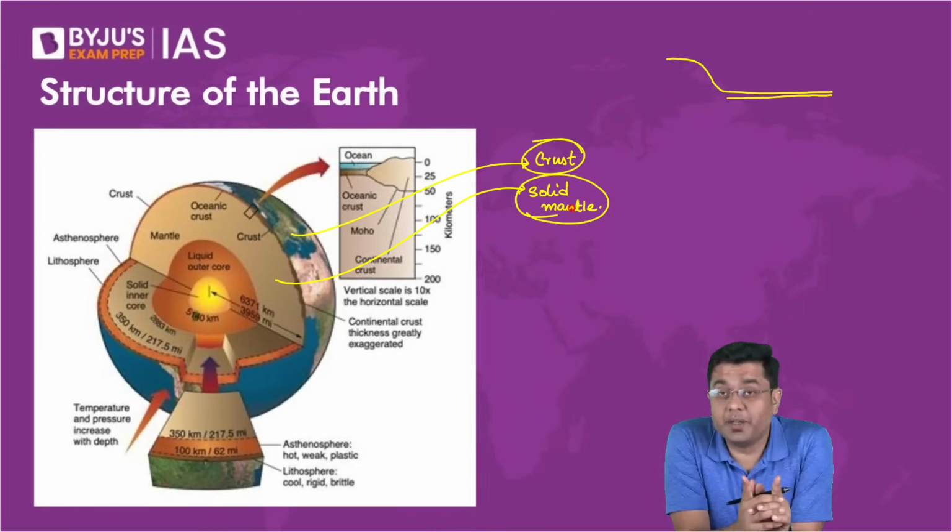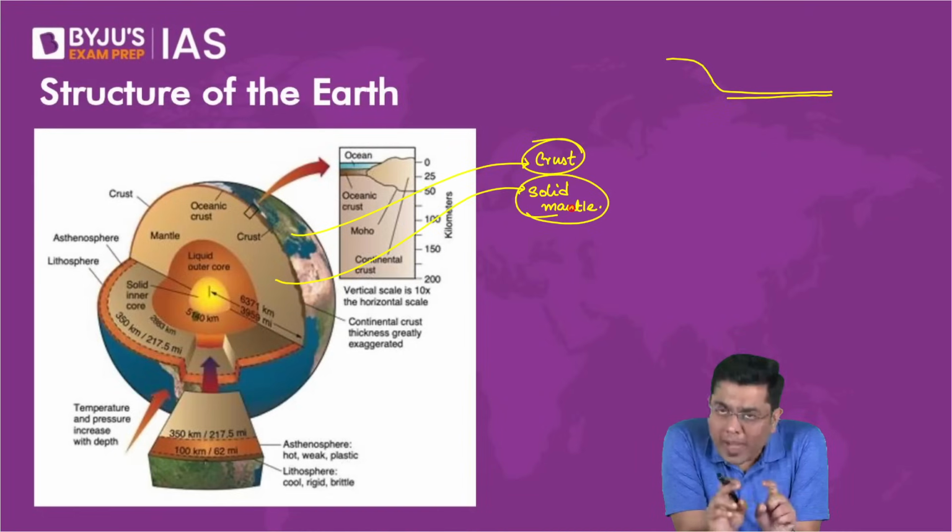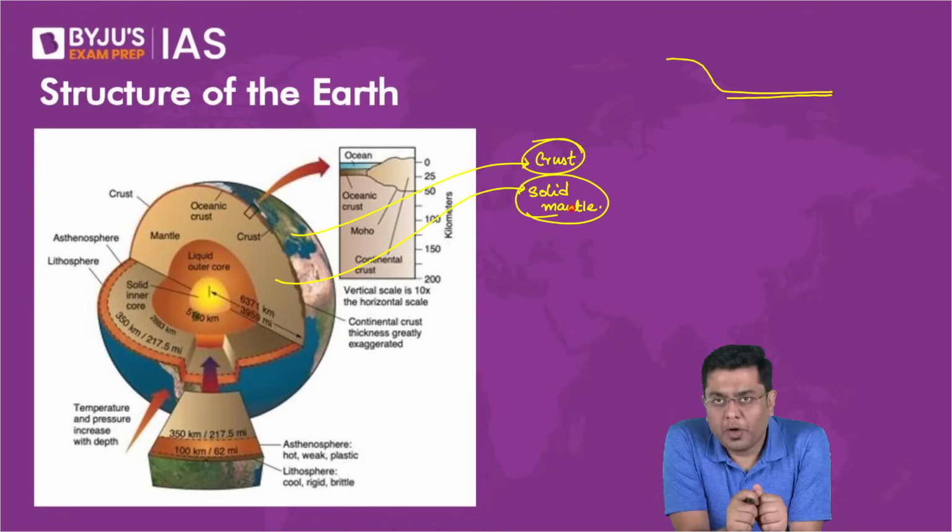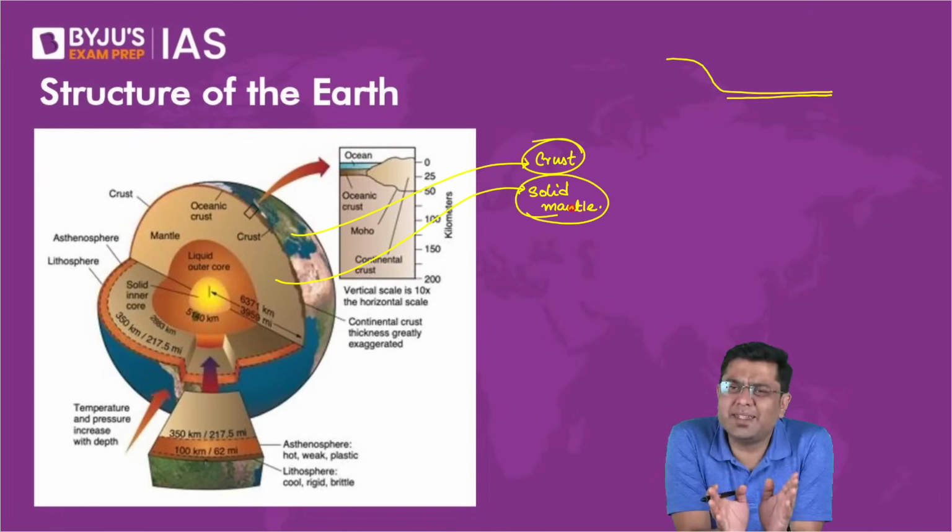Not 5 to 7 meters, not 50 to 70 meters, 50 to 70 kilometers, right? Below the surface. That is where the mantle starts. Now, this mantle is in a solid state, barring an exception. So, in the portion of mantle slightly below the upper solid mantle, you have a weaker layer of a semi-solid, semi-plasticky state of mantle, right? At a depth of roughly around 160 to 200 to 300 kilometers from the surface.